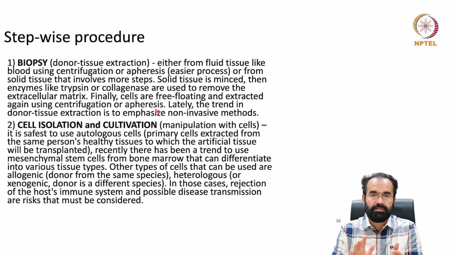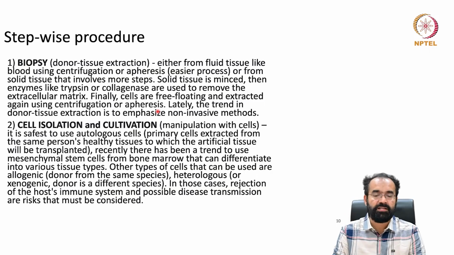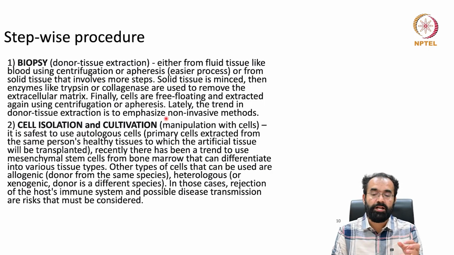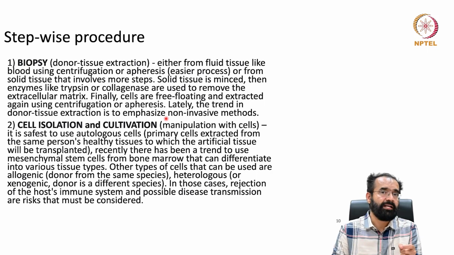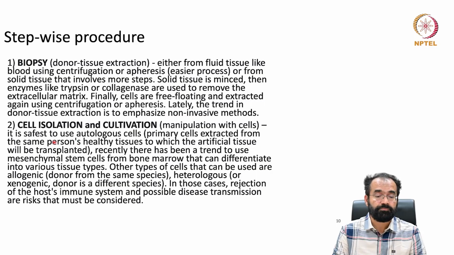Trypsin can selectively cleave the matrix protein, and you will get an individual cell suspension, and you spin it, concentrate it, and you get the cells. Lately, the trend in donor tissue extraction is to emphasize more a non-invasive method. If the organ is very vital, say I want some cardiac tissue, I don't want to make a pinhole in my heart, which can invite more trouble. So much easier methods are being developed these days.